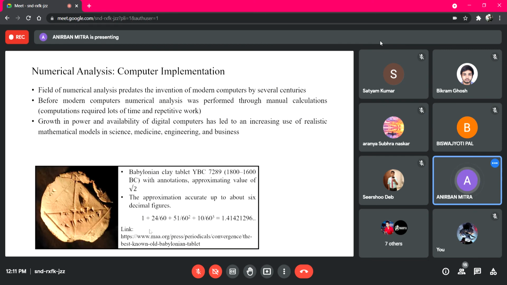More complicated geometries and more complicated systems are being looked at through these numerical methods, be it in science, medicine, engineering, or business. Complicated systems are now being analyzed through different numerical methods and simulation techniques.